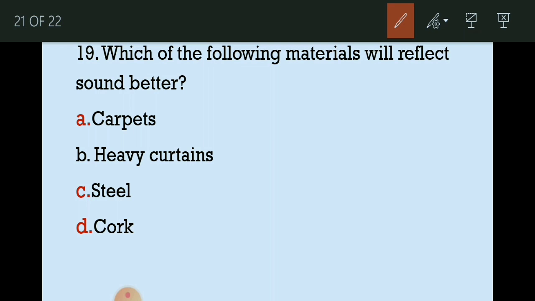Okay, and the minimum distance between the source of the sound and the reflecting surface should be 16.6 meters, in order to produce the echo. So here four options are given, just see: carpet, heavy curtain, steel and cork. Out of these four options, steel can easily reflect the sound. Okay, it will reflect the sound better.